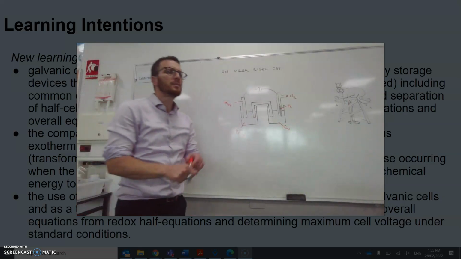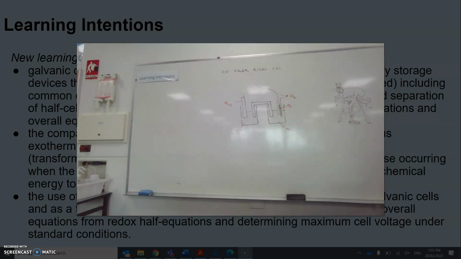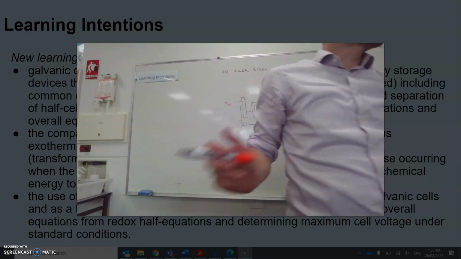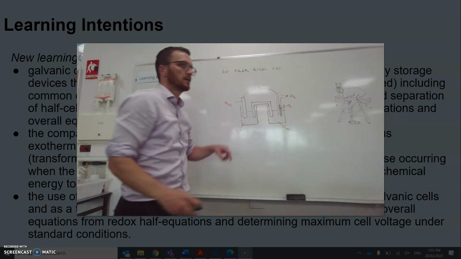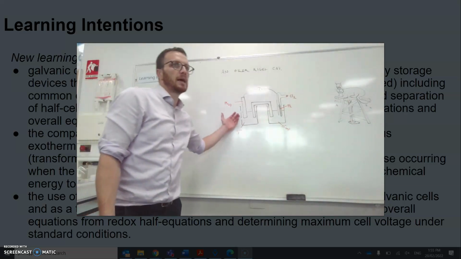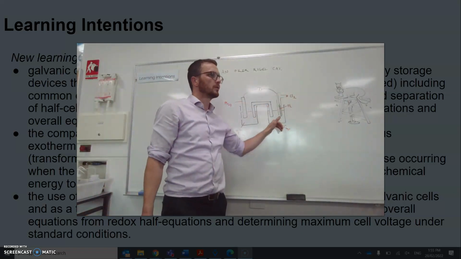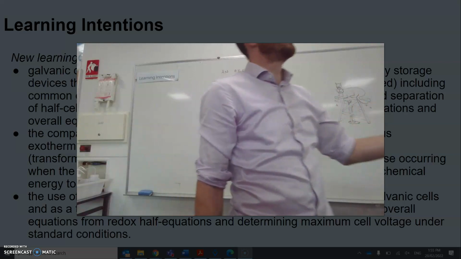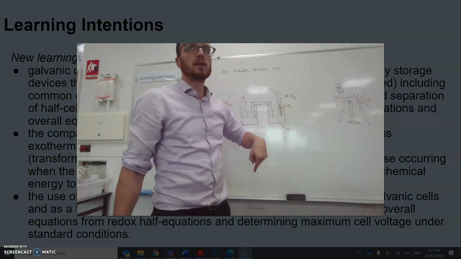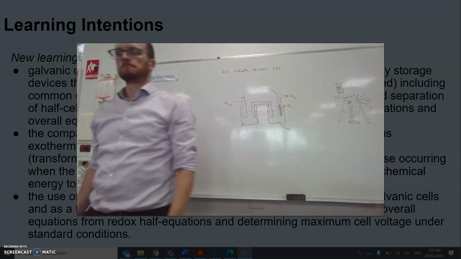Okay, what's the purpose of using an inert electrode? Why would we use an inert electrode? Right, doesn't interfere with the reaction. Why do we not have an inert electrode this side? Right, we want lead to be part of the reaction. Yeah? If I just bubble chlorine into the water, nothing's really going to happen, or it's going to react with the water. The purpose of an electrode is what?